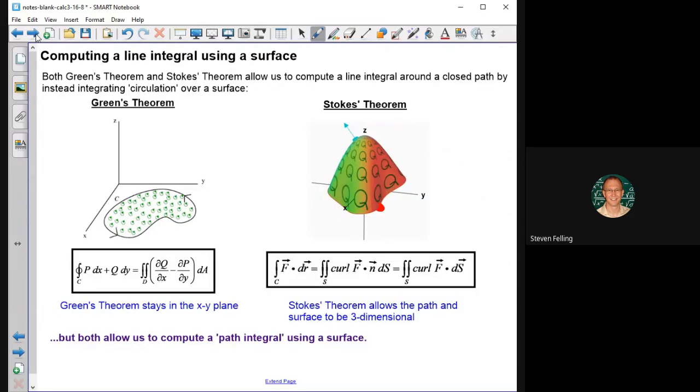But there's an interesting twist to it here. In Green's theorem, everything is in the xy plane, so there's one surface associated with this curve. But in Stokes' theorem, the surface is 3D. It could be curved like this, and then it has a boundary. So let me change colors here.